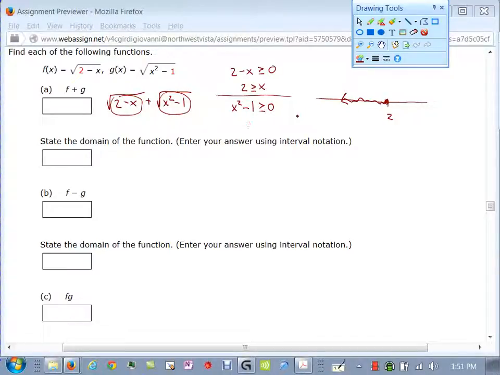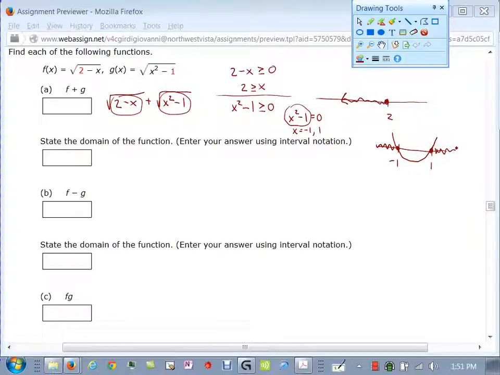So I turn it into an equation first, x squared minus 1 equals 0. I get two solutions, x is negative 1 and positive 1. I go back to that whole idea that at negative 1 and positive 1, I have 0, and then it's a parabola, right? This is a parabola that opens up, so it looks like that, and I want to know when it's positive, so that's going to be over here and over here.